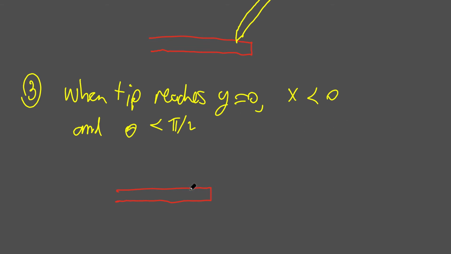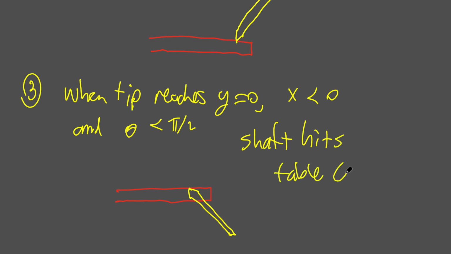Here's the tip of the pencil. It has reached y equals 0 with a value of x that's less than 0. But the orientation of the pencil is still less than pi over 2. So you can see in this case, it must be that the pencil has already hit the corner of the table along its shaft. So the shaft of the pencil hits the table corner.